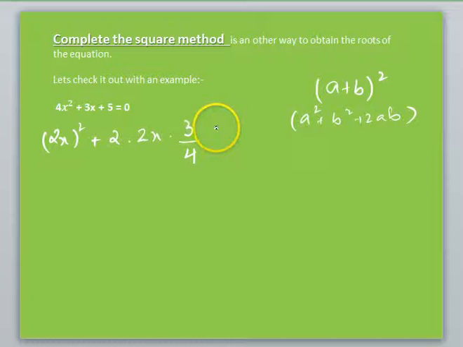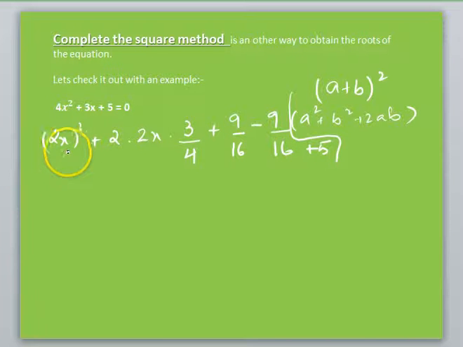Is it not simple? So I need to have this b square also, so I add 9 by 16 and subtract 9 by 16, and what remains is plus 5. Sorry, I need to adjust here.